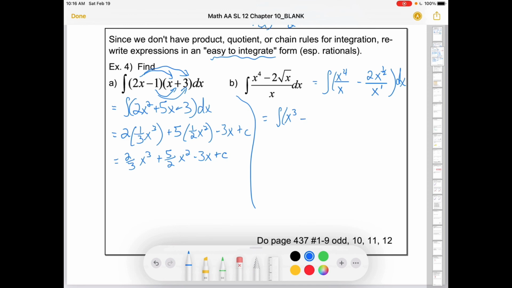When we simplify these, we subtract the exponents. So you're going to end up with minus 2x to the negative a half. That is an equivalent statement for this little rational over here. And once it's in that form, it's no big deal to antidifferentiate or to find the indefinite integral. So power goes up by 1, flip of the new power goes in front. Next one, power goes up by 1.